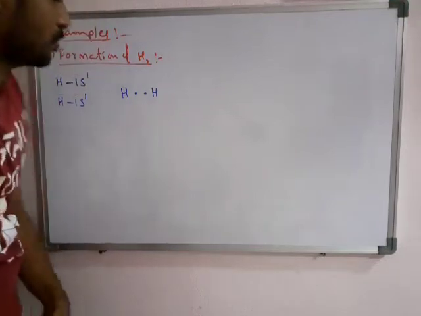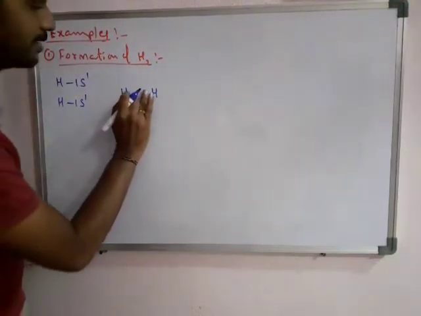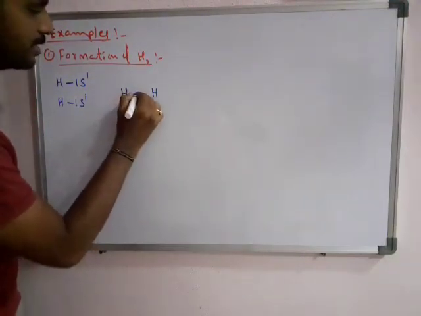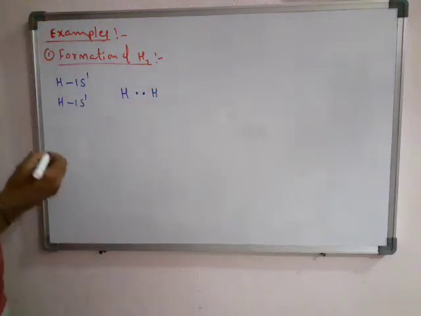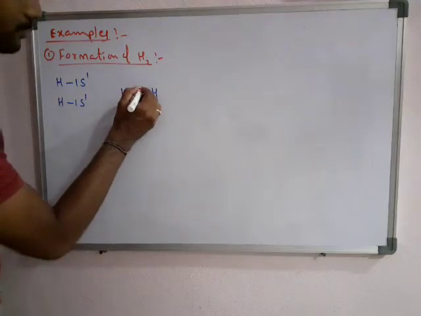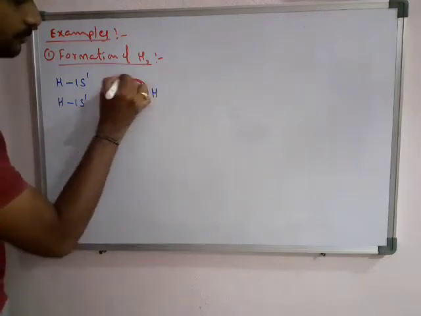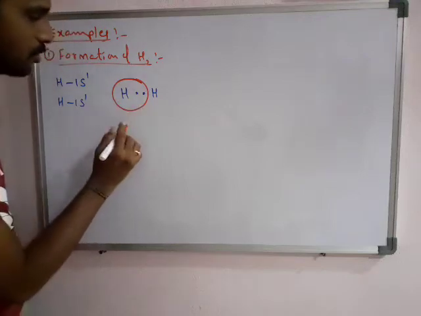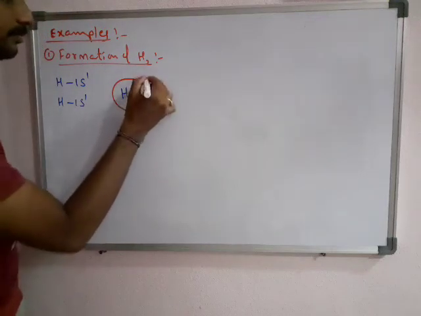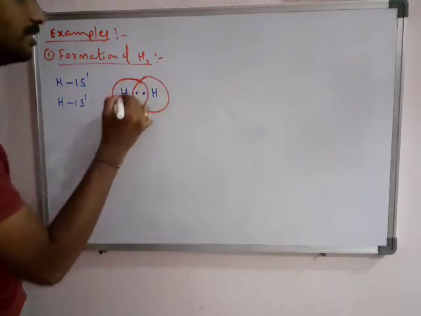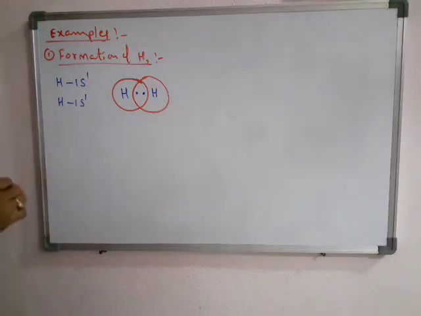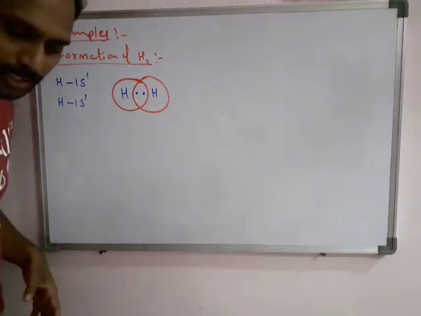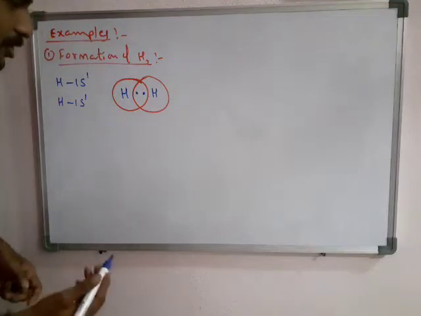So at that time each donates its valency electron, and now both electrons are shared by both atoms. Now this hydrogen is having 2 electrons. This hydrogen is also having 2 electrons. Now both are having 2 electrons with the helium configuration.